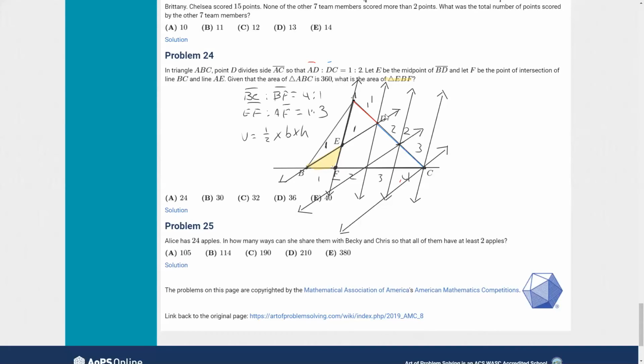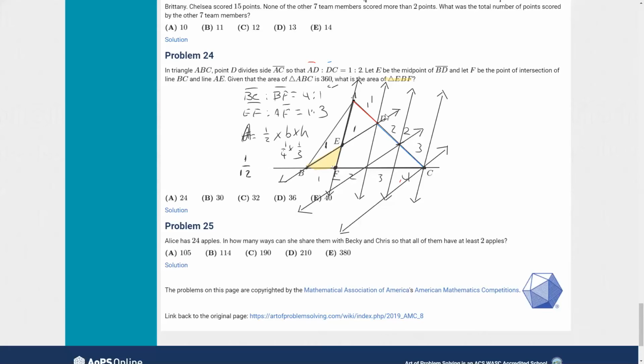Area of a triangle is half times base times height. So 360 is the area of the large ABC triangle. Area is equal to 1 over 2 times base times height. So we see the ratios of the base. So the base is 1 to 4. So a quarter of the bigger base and a third of the bigger height. So a quarter times a third is equal to 1 over 12.